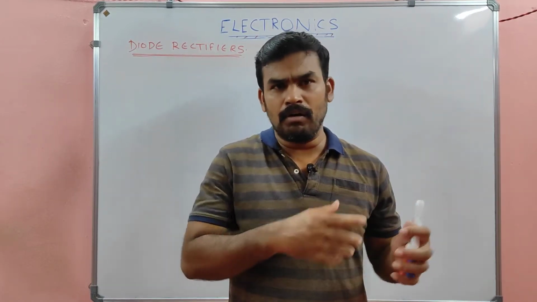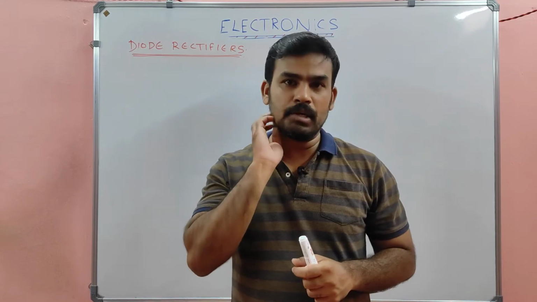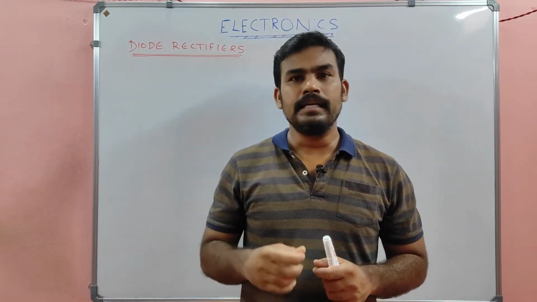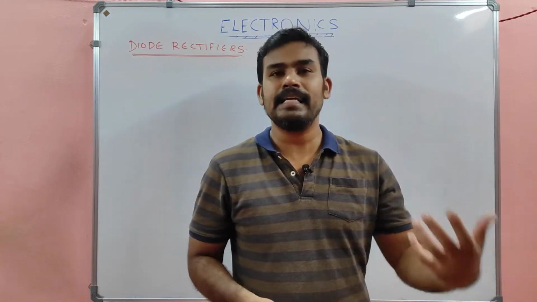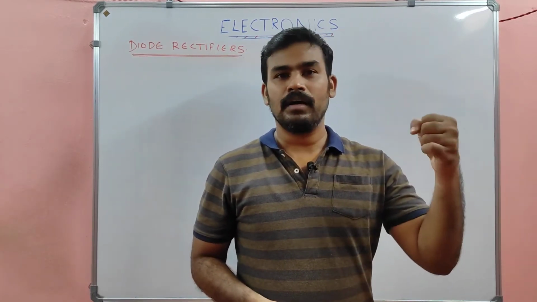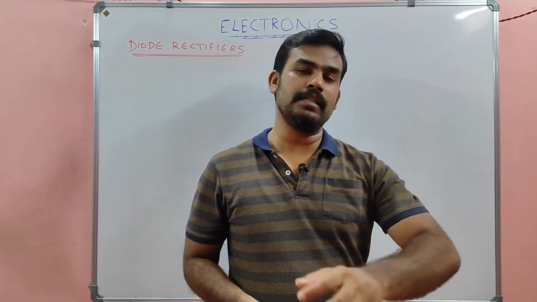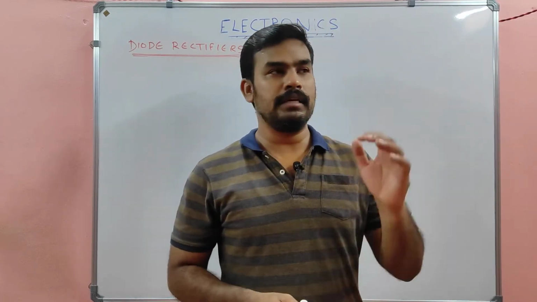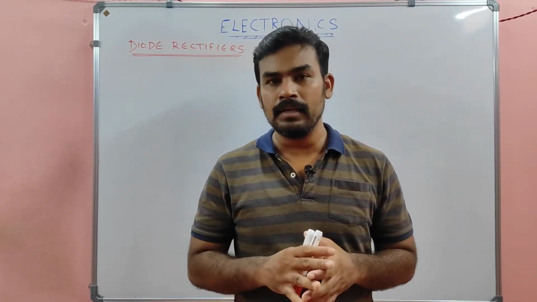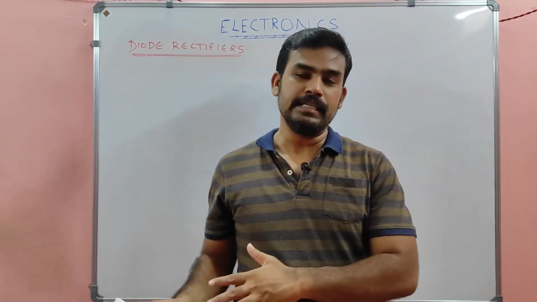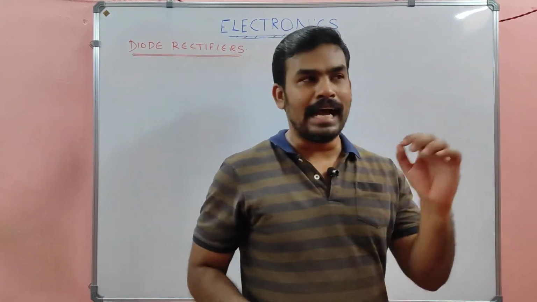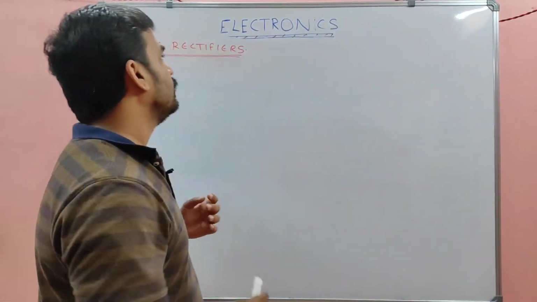In all these situations we require DC, and DC is not generated directly. We generate AC, so we have to convert the AC into DC. We need some circuitry to convert from AC to DC, and that circuitry is nothing but the diode rectifier.